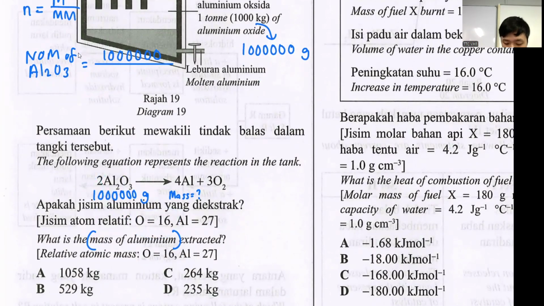Don't include the big 2 in 2Al2O3, this 2 is for the ratio later. Include only Al2O3. So 2Al is 2 times 27, 3O is 3 times 16.